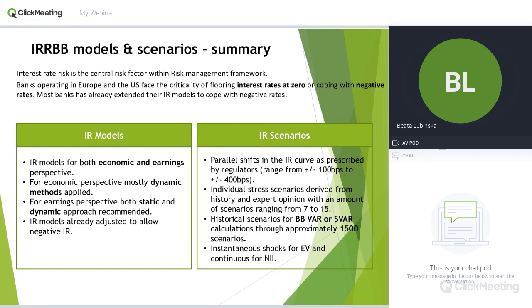And this is the summary. As I said, interest rate risk is the central risk factor within the risk management framework. And we have the problem of lowering of interest rates to 0 and coping with negative rates. This is important: the new regulatory guidelines have removed the 0 floor.